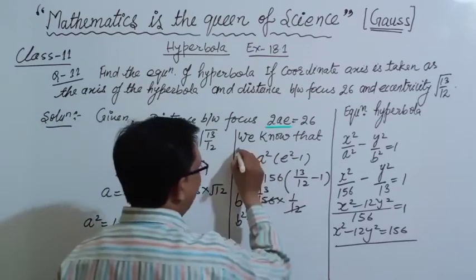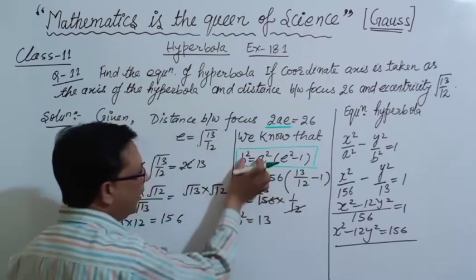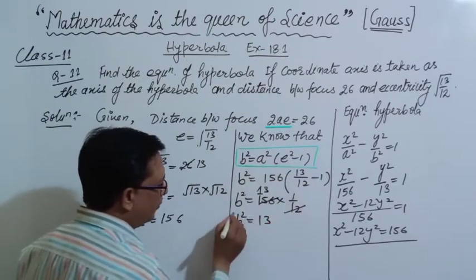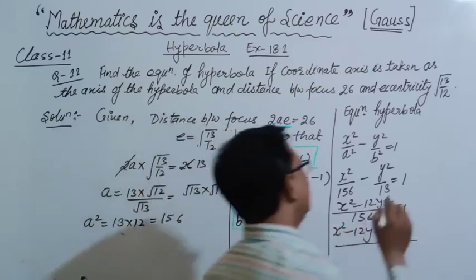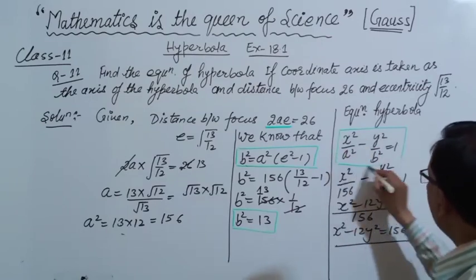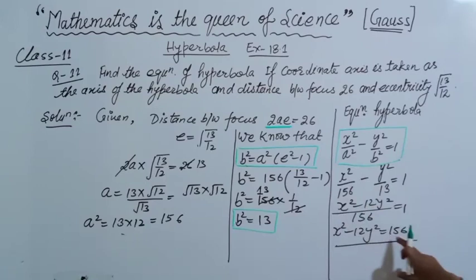Now we apply the eccentricity formula and here we substitute the value of a square and solve this. We get b square is 13. Now we write the standard equation of the hyperbola and we substitute the value of a square and b square and after simplifying we get the final result. This is your answer. So student, note this question and also practice this question.